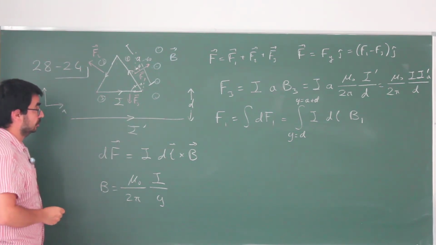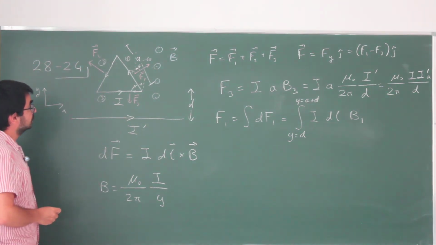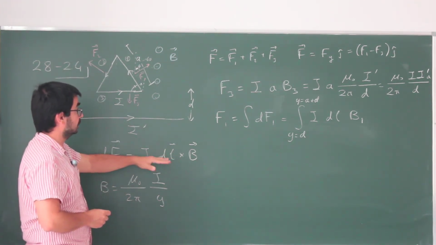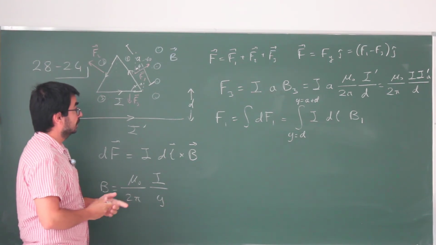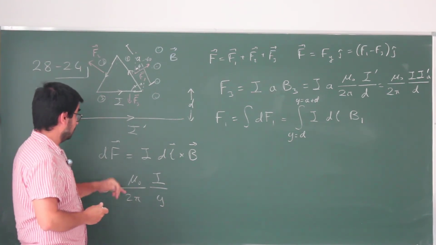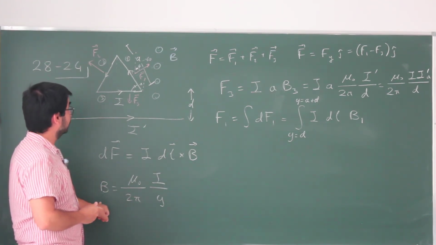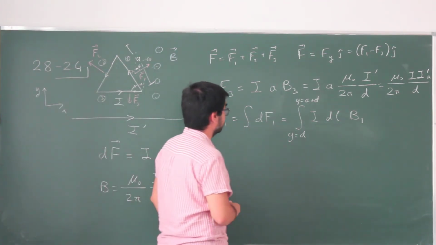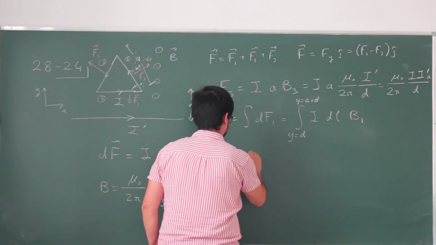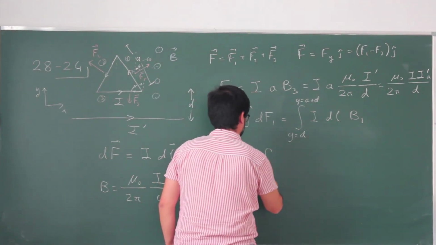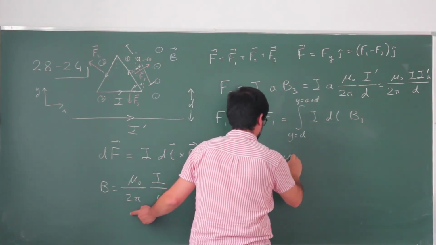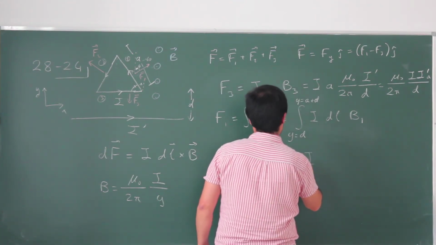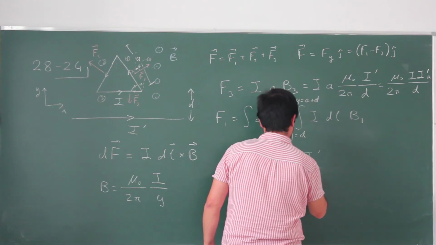I can take that one out. Right, so how do I do this? First of all, what happened to this cross product? They're always perpendicular to each other, so the cross product becomes a simple product. That B1 is going to be given by this formula, μ₀/2π I′ over y.